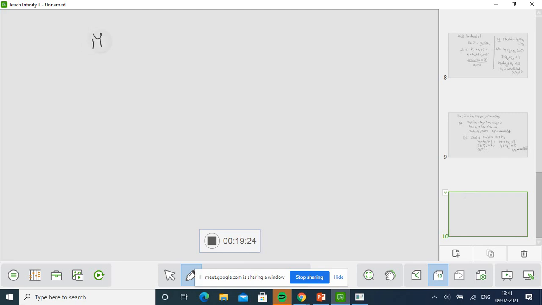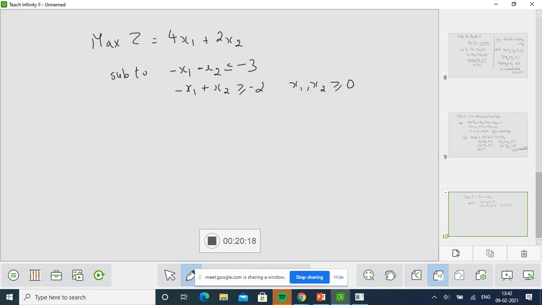Maximize Z equal to 4x1 plus 2x2 subject to minus x1 minus x2 less than or equal to minus 3, minus x1 plus x2 greater than or equal to minus 2, x1, x2 greater than or equal to 0.